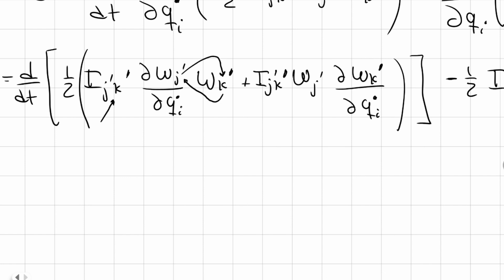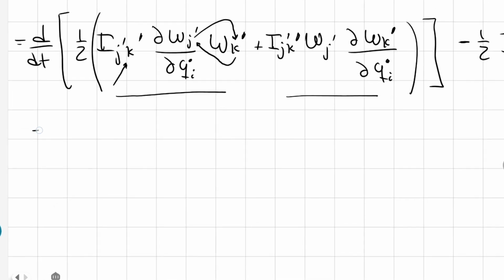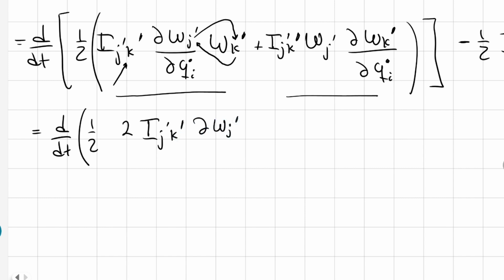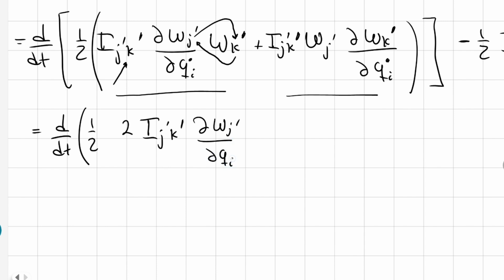So in other words, what we are going to have is 2 times the inertia tensor times the derivative of omega_k times omega_j, because it is the same in this term and in this term. So we sum these two terms. We are going to have here the derivative with respect to time of 1/2 of 2 times the inertia tensor I_jk, the derivative of omega_j with respect to q_i dot, omega_k, like this.